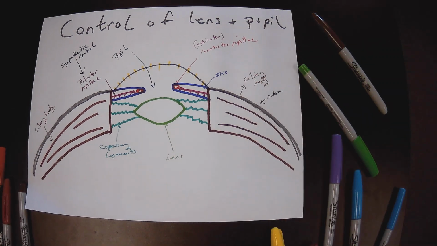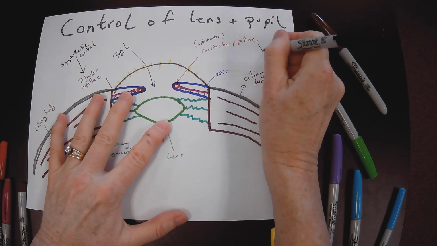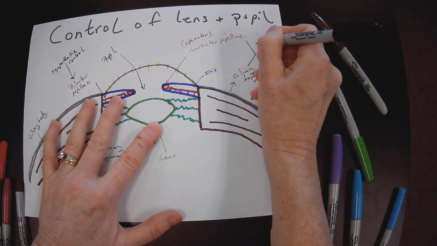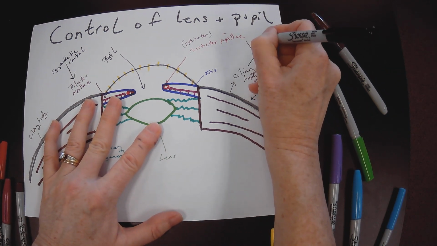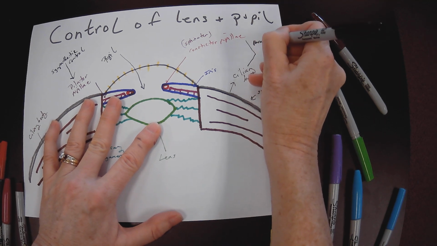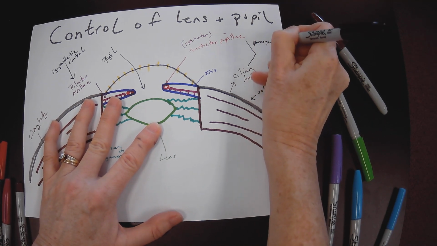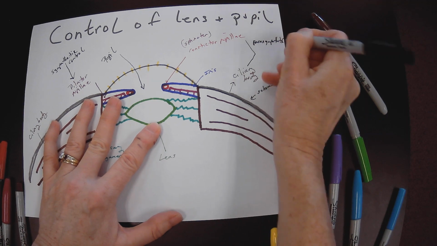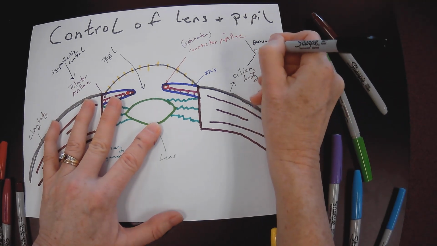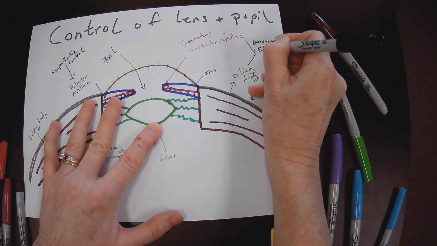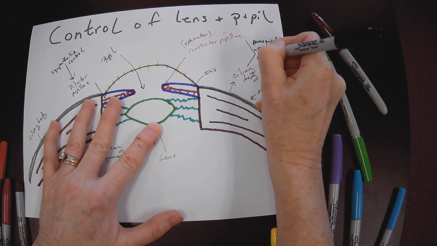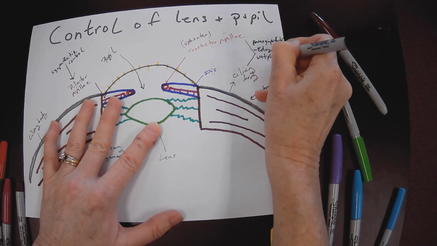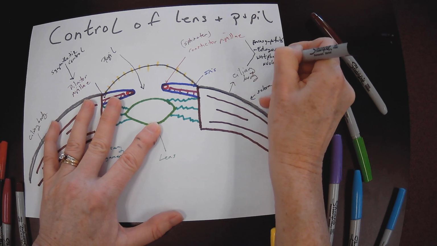So these are parasympathetic, and they're under the control of the Edinger-Westphal nucleus in the midbrain.